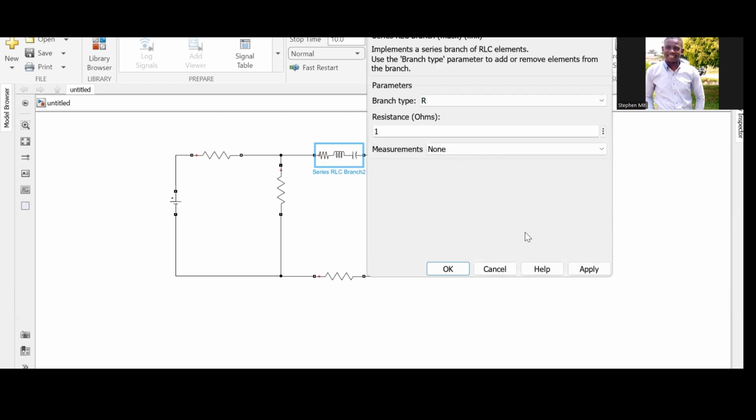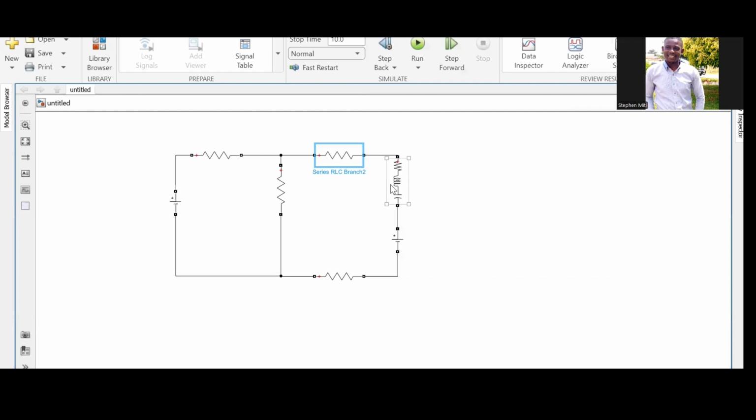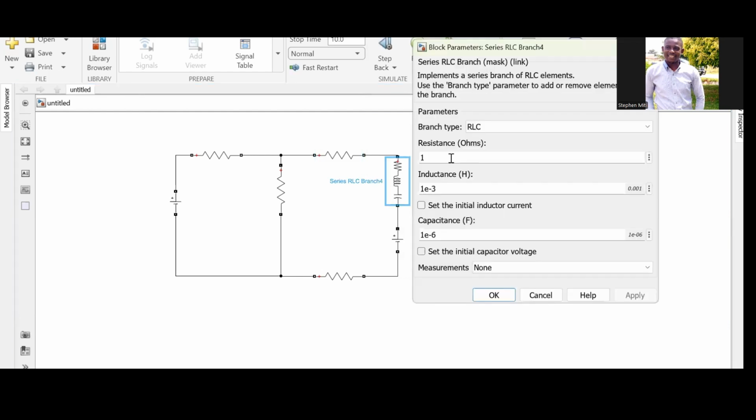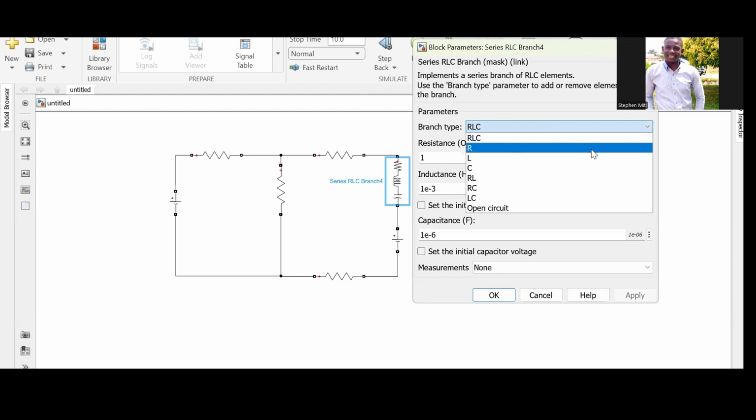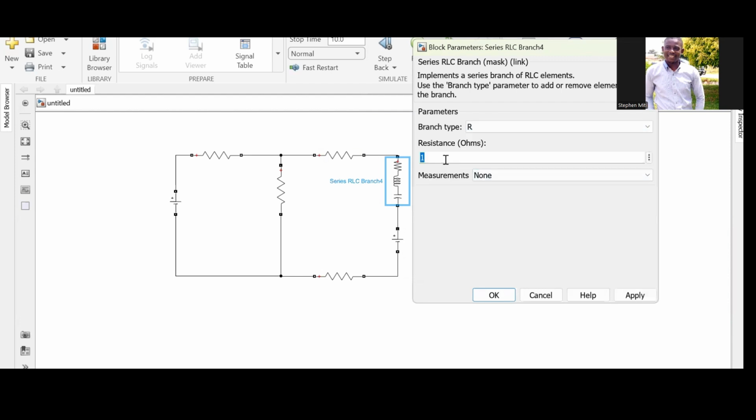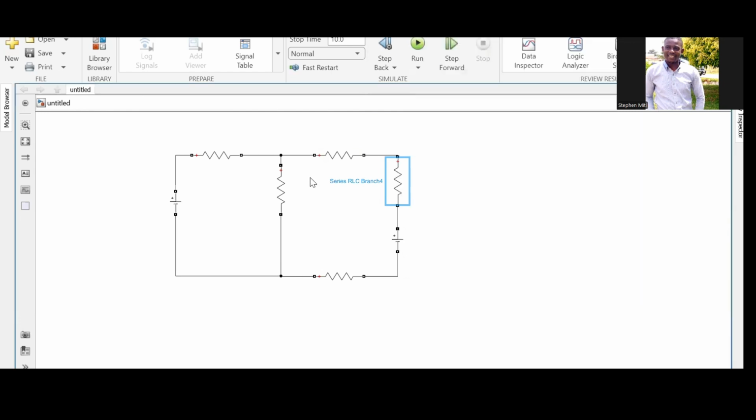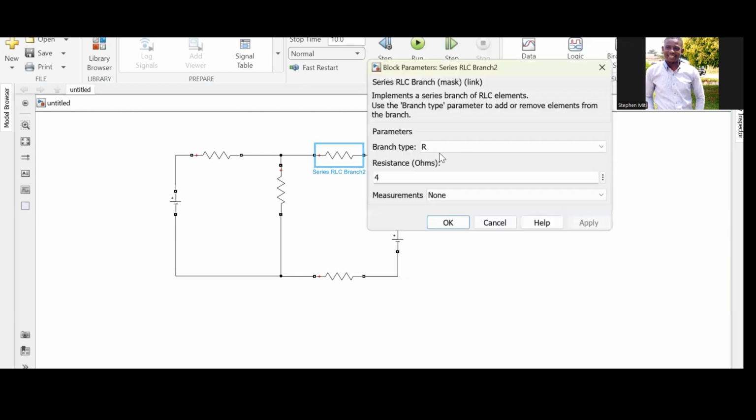This was 4 ohms, I think. Yeah, 4 ohms. Apply. This is a resistor again, no, this one was 2 ohms, not 4 ohms, sorry. But this one is 4 ohms. So this is 4 ohms. This one is supposed to be a 2 ohm resistor. So this is a 2 ohm resistor here. Yeah, I think.